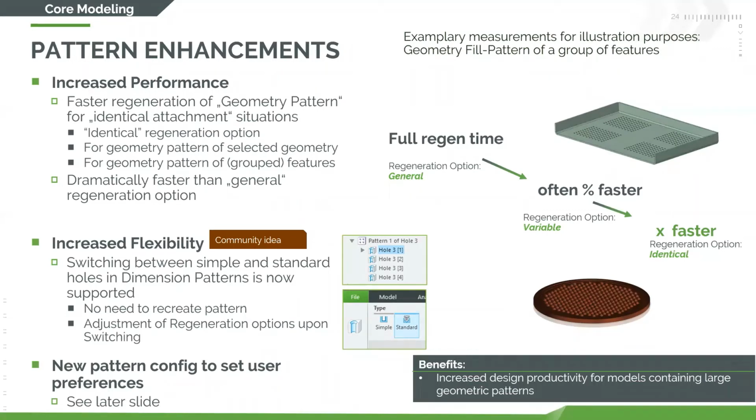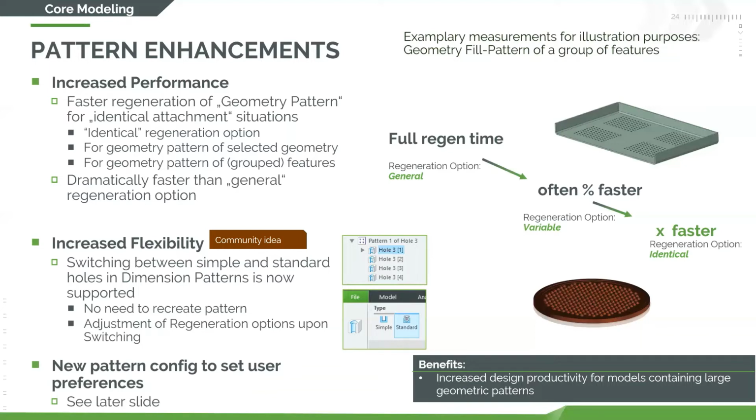That's now supported, and there's no need for us to recreate any sort of patterns. So the regen time has greatly improved, especially if you have massive parts with many holes or patterns in one single part. So obviously this increases our productivity for models, again, containing large geometric patterns.